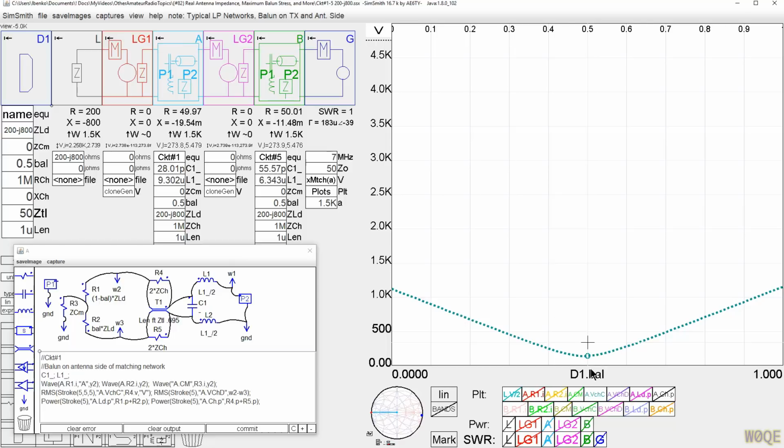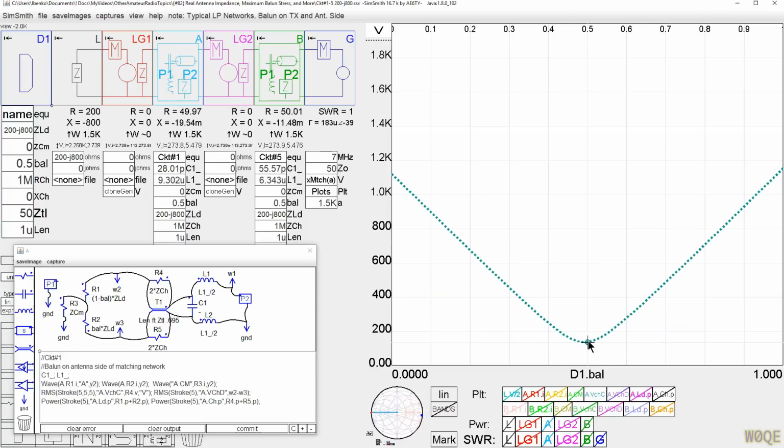And that's considerably lower than what we predicted before and what the original value was. As a matter of fact, it's massively lower, which is incredibly good because this is the case where the stresses are much, much higher. So here's a case where we had originally 1,129 volts across the Balun, and when we went to a balanced network for a tuner, we dropped that to 136 volts, which is incredible.